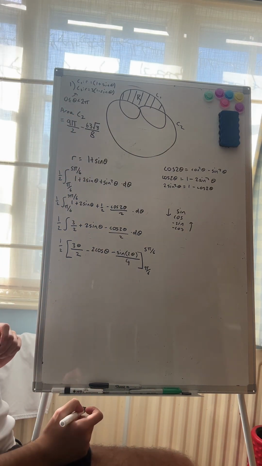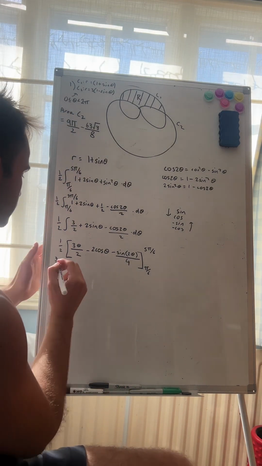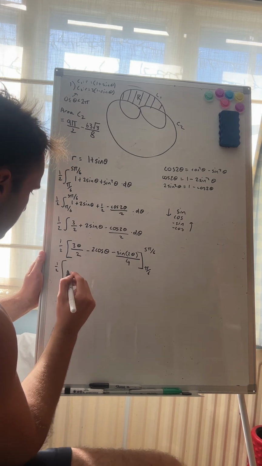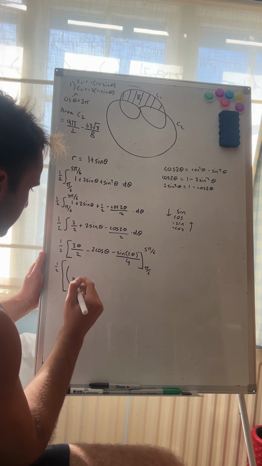We're going to have to do a bunch of subbing in stuff. So we're going to get half of big brackets, and then we're going to have little brackets.